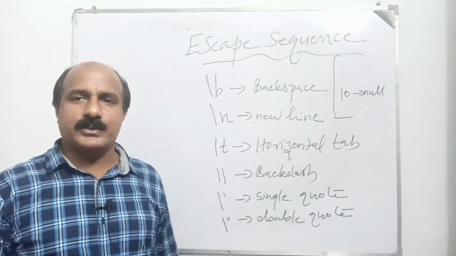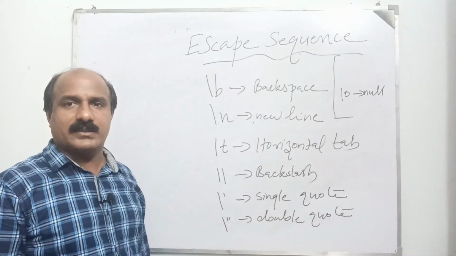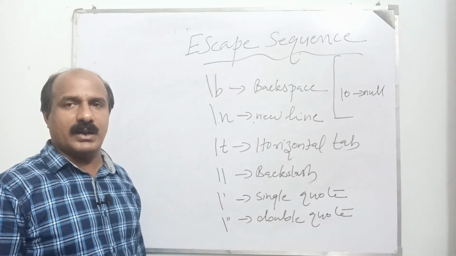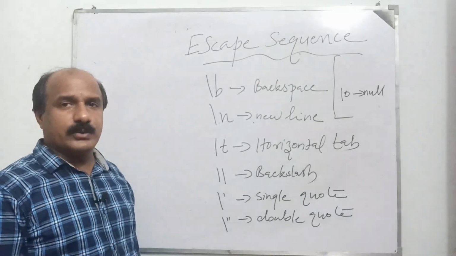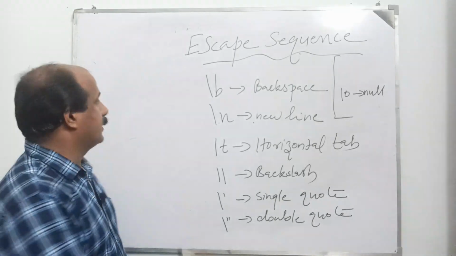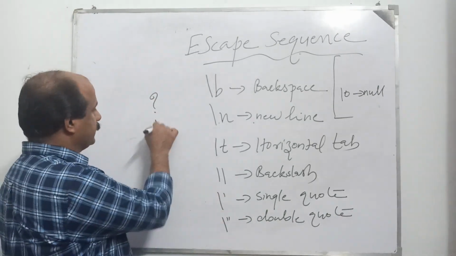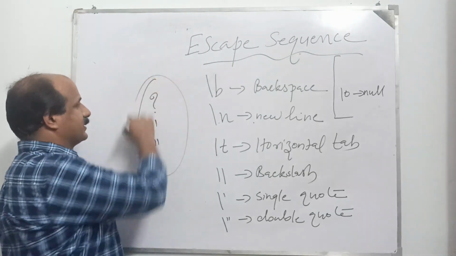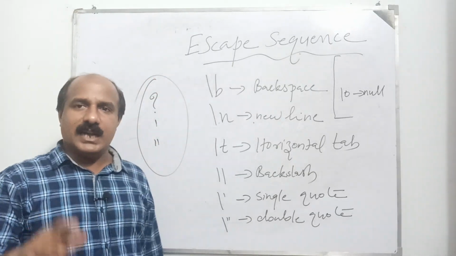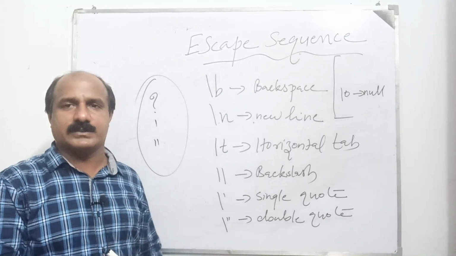Students, now we are going to discuss escape sequences. Escape sequences in Java are used for special purposes. When you write a character like the question mark, the single quote, or the double quotes, these characters have a special meaning already assigned in the language itself.